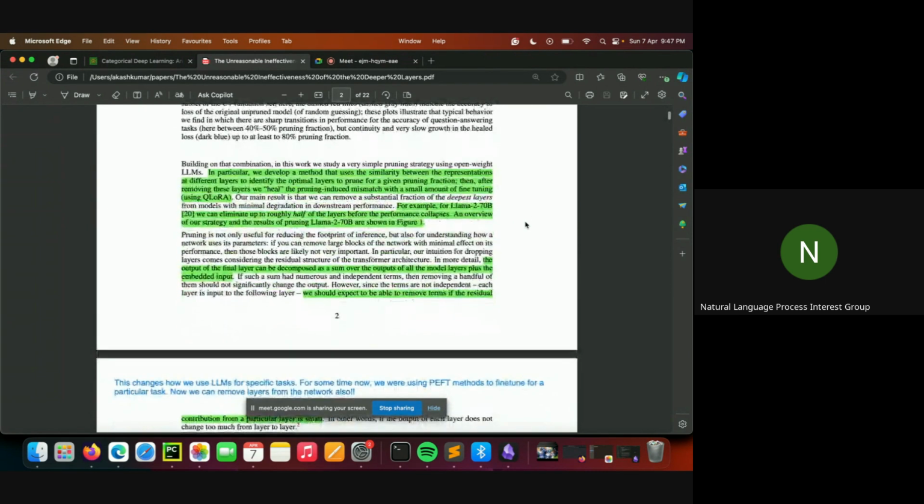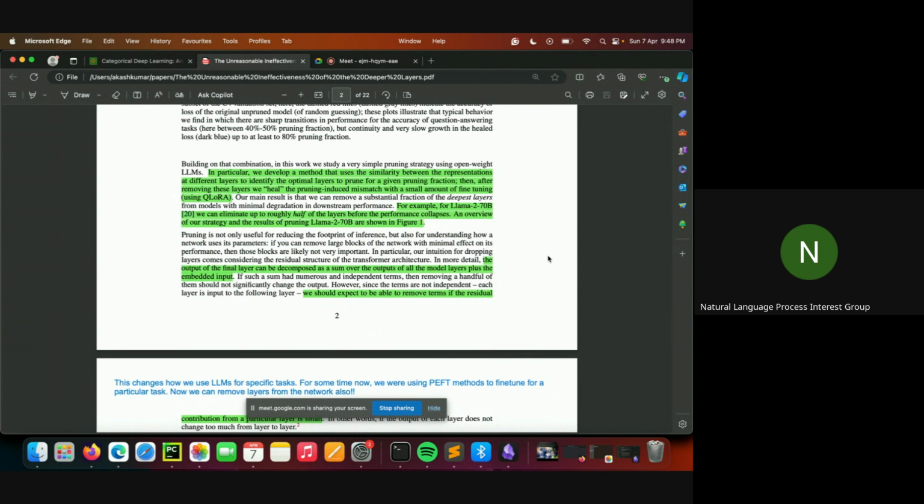Their assumption basically in this entire paper is that the output of the final layer can be decomposed as a sum over the outputs of all model layers plus the embedded input. Obviously, we know that they are not independent of each other, but they're trying to test the waters, asking can we think of the entire transformer architecture as a parallel computer, which is something I heard from Andrej Karpathy. He said you can think of transformer architecture as a parallel computer.